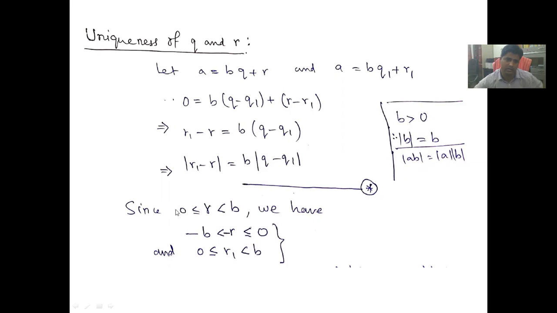Now you can do some other calculation. Since 0 is less than or equal to R, strictly less than B, this is already proved. This inequality gives minus B less than minus R less than or equal to 0. This is negative, this is less than or equal to 0.